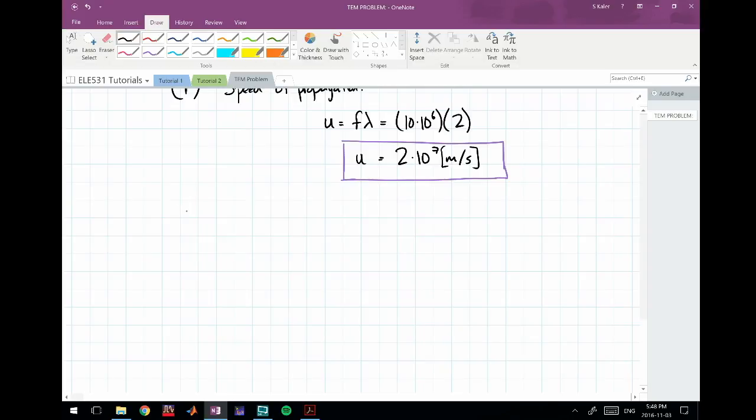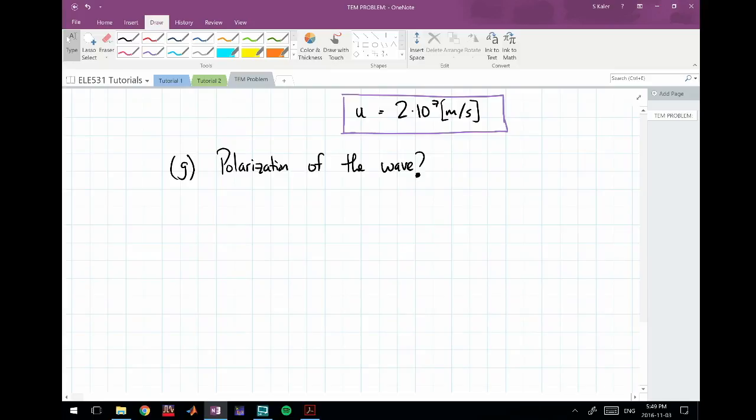Part G. Now this one might be a little tricky if you don't know what it's asking for. It's asking for the polarization of the wave. Essentially, the polarization is the way we describe electromagnetic waves. And the convention for describing polarization is using the direction of the electric field. Now, the direction of the electric field is not known to us at the moment because we don't know what the electric field is.